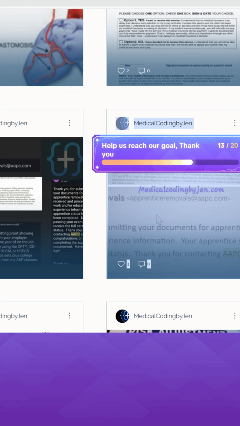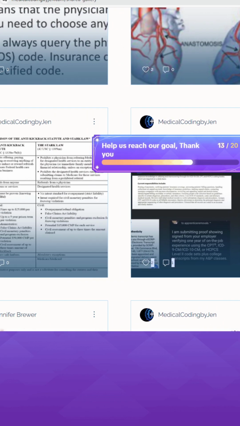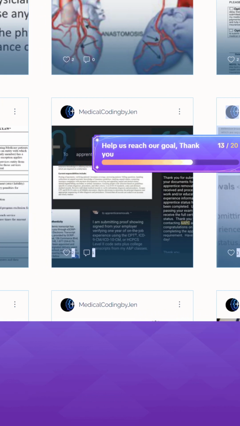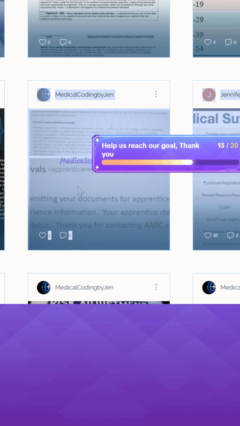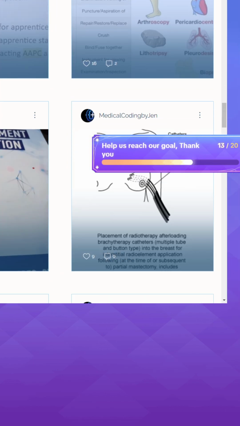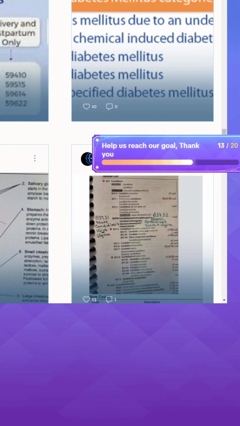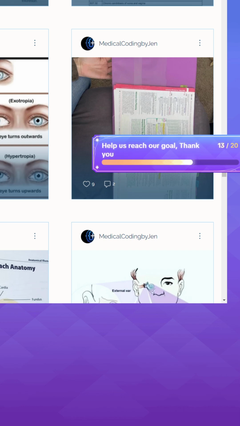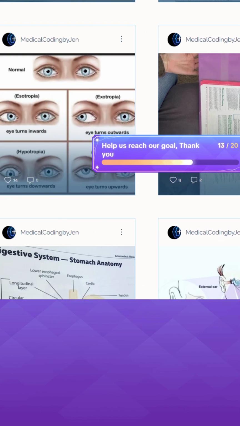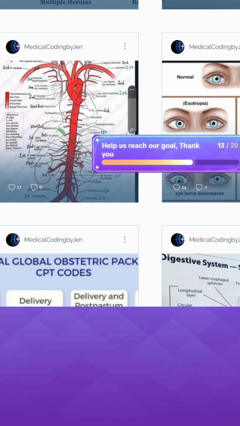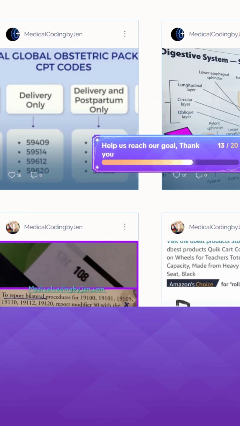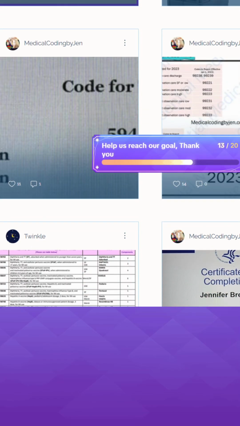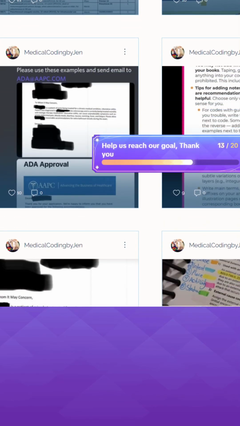What do you use to carry your books in? What ink pens do you use in the books? What are your favorite cardiology pictures? What are your favorite eye surgery ones? Yep. And there's my Appendix L notes picture right there. Love it. Just tons of free pictures that are super helpful for you guys.